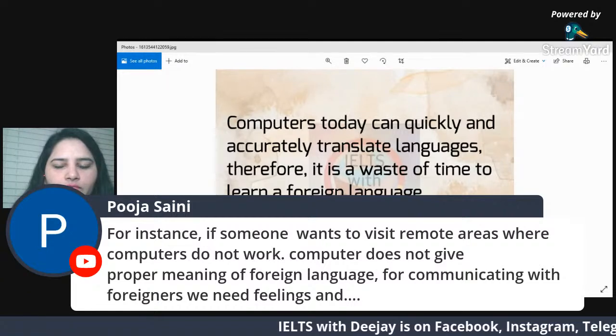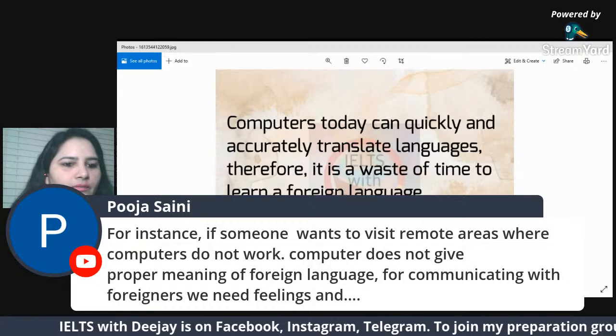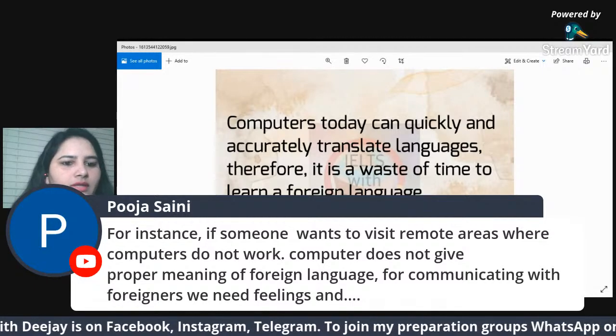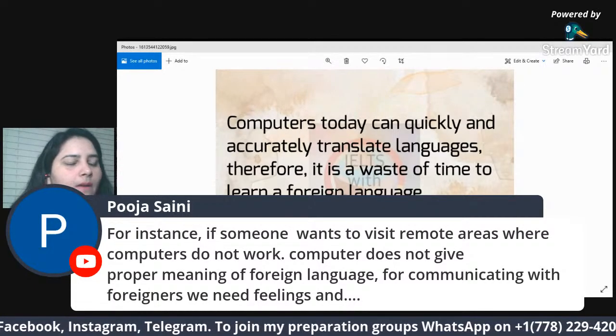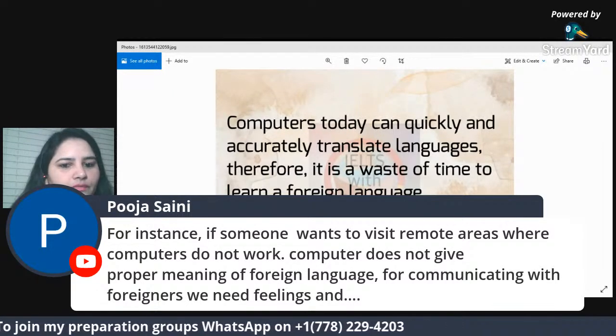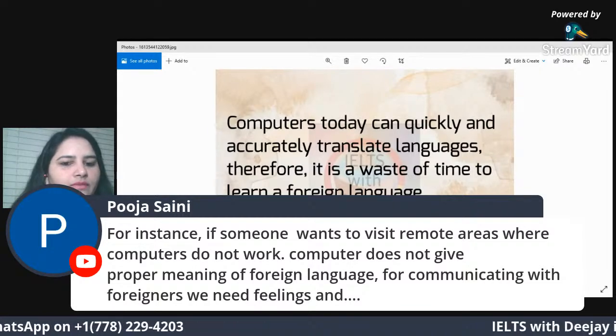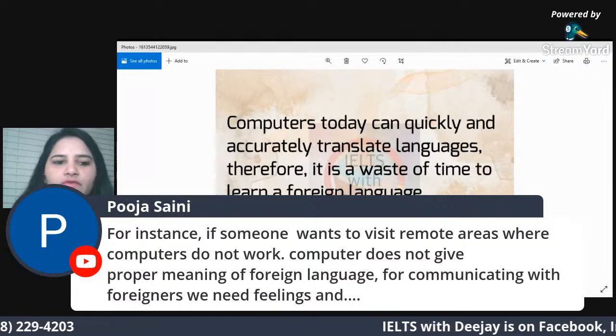Suppose we are writing some letters or some official thing, then it's okay. We just have to write it down. But when we are talking to someone, we need to learn the language because we have to express ourselves. So this example is very good.